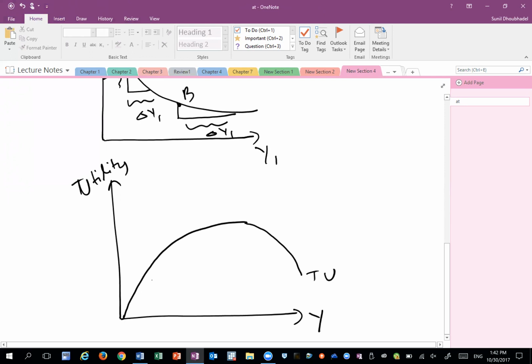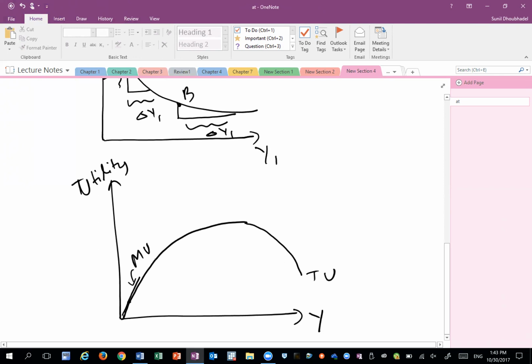So here, this is total utility. If you take the slope of that total utility curve, what is that called? The slope of the total utility curve would be marginal utility, right? The slope, always remember.